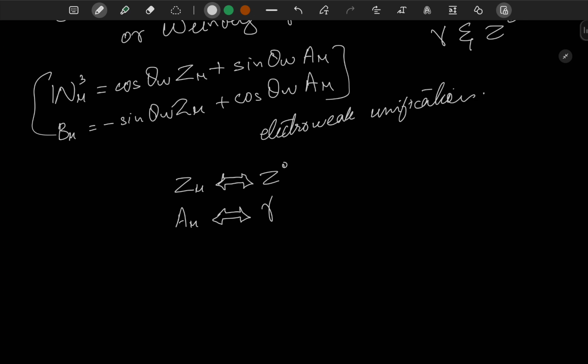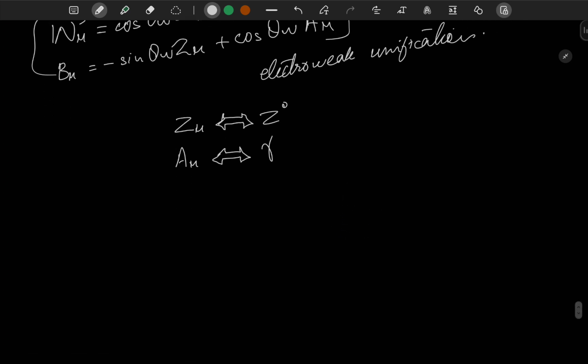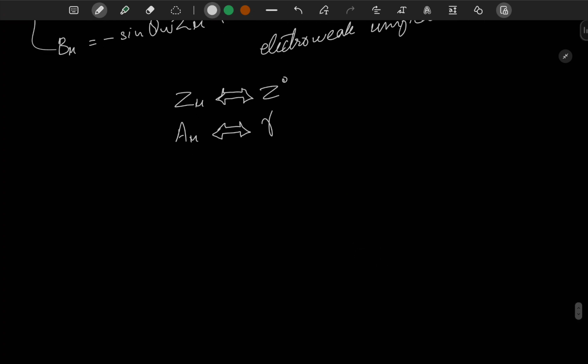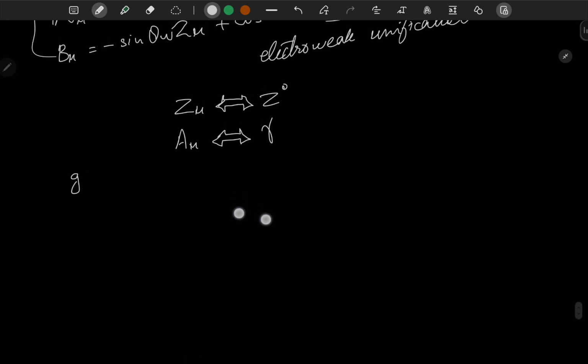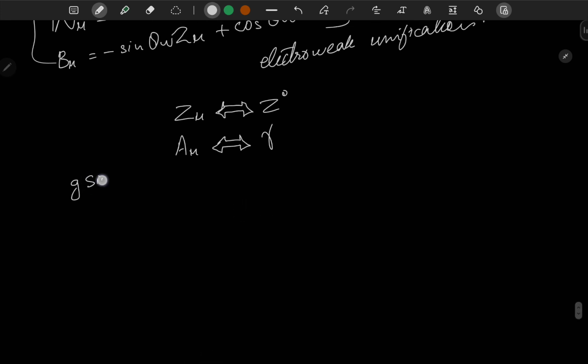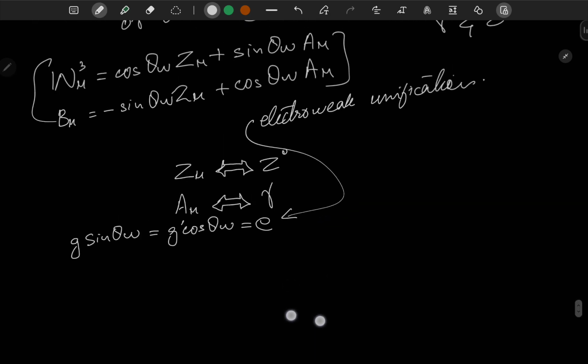For that we need two statements, and both must hold. The first statement is that g sine of theta W is equal to g prime cosine of theta W, and both must be equal to e. This is the electroweak unification.